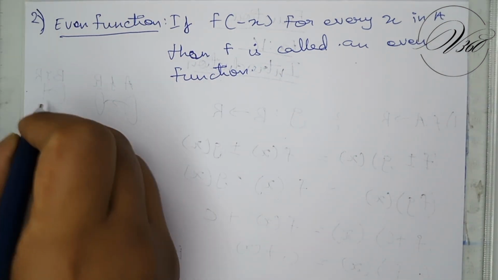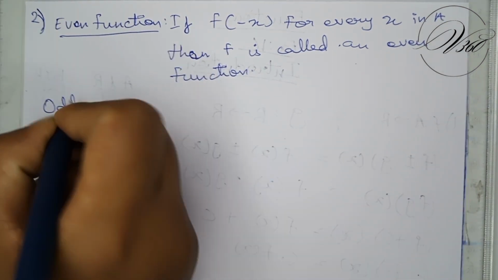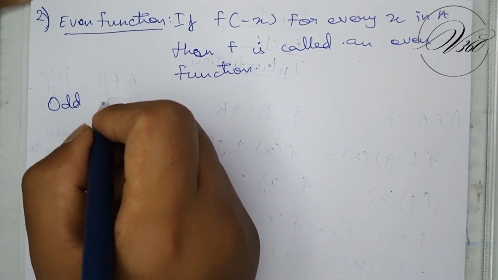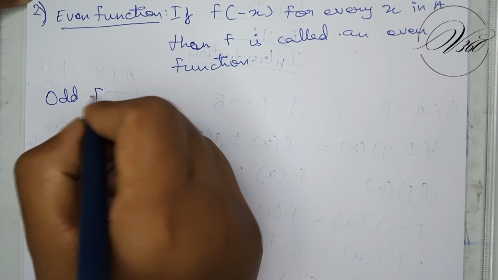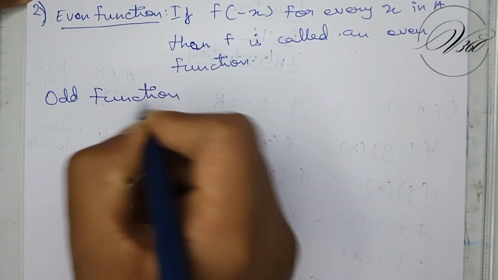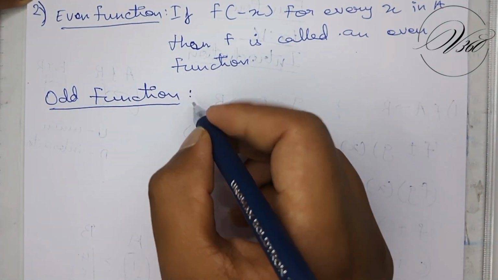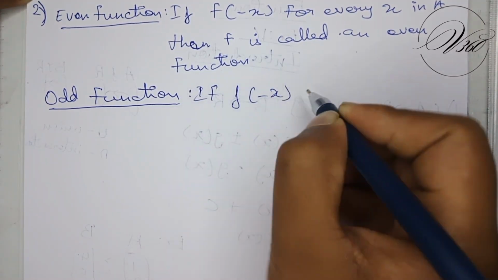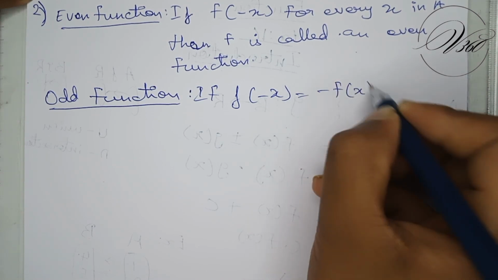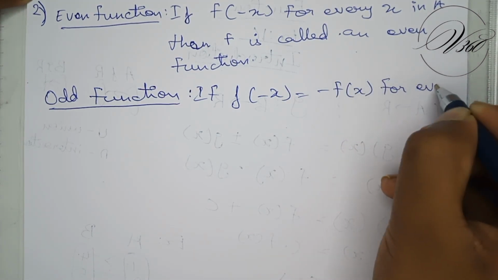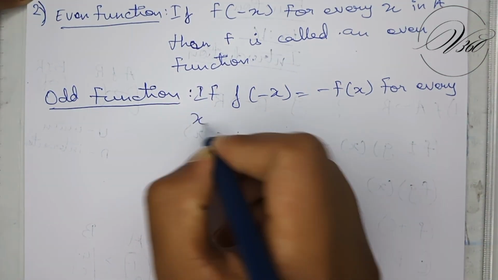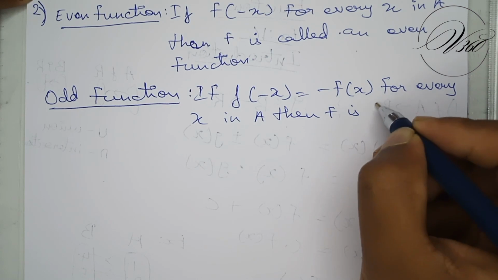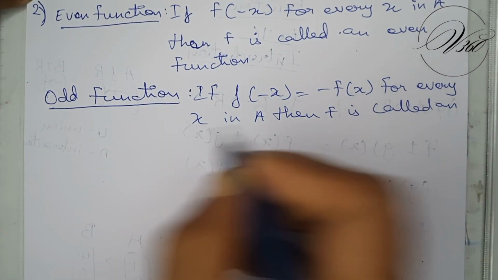Now we'll see what is odd function. Odd function is nothing but if f of minus x is equal to minus f of x for every x in A, then f is called an odd function.